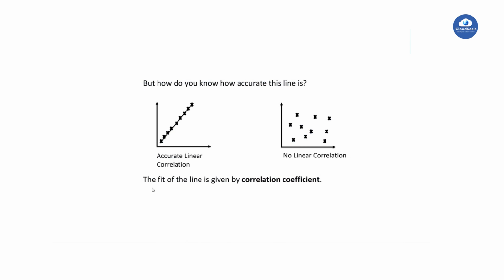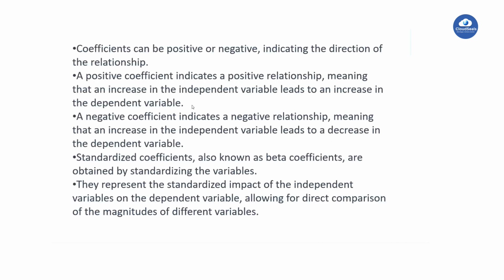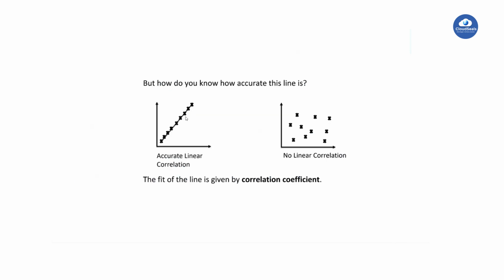Let's see what is the fit of the line given the correlation coefficient. I already told you the linear regression model assumes there is some linear relationship between the dependent variable and the independent variable. If there is a perfect linear relationship, then the regression line will look like this, so all expected values and actual values will be the same.